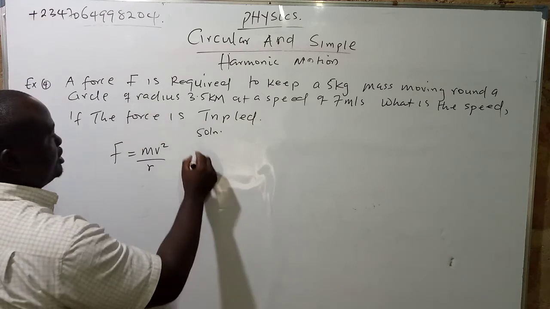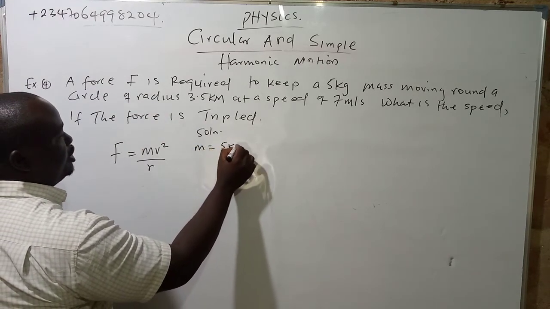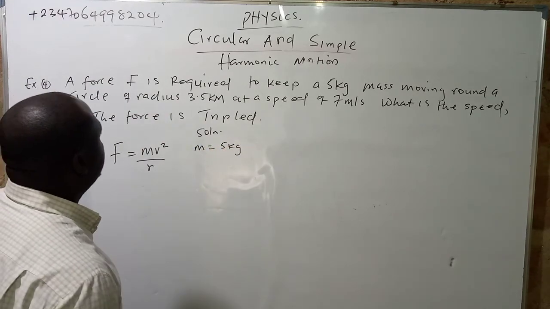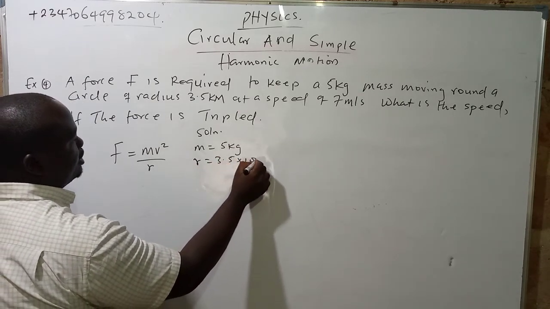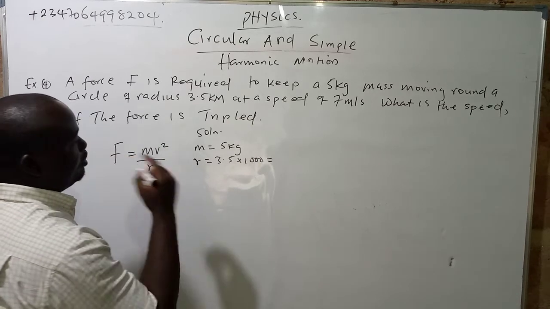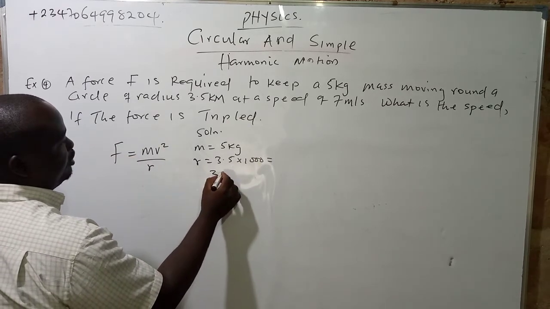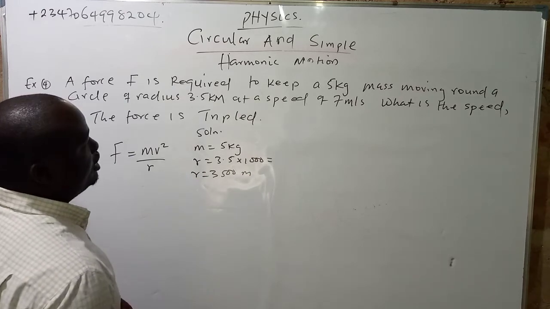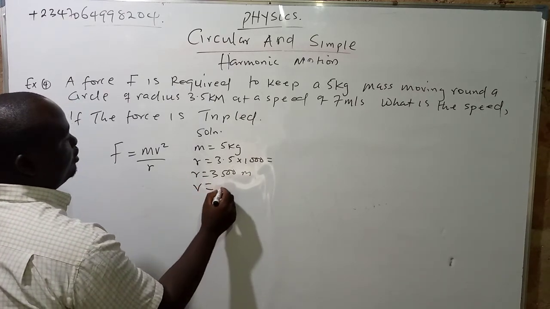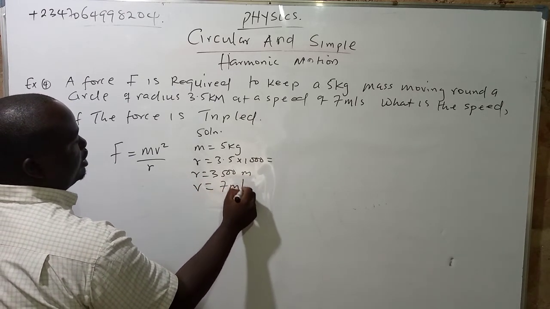You already have the mass, which is 5 kg, the radius is 3.5, and we have a velocity of 7 meters per second.